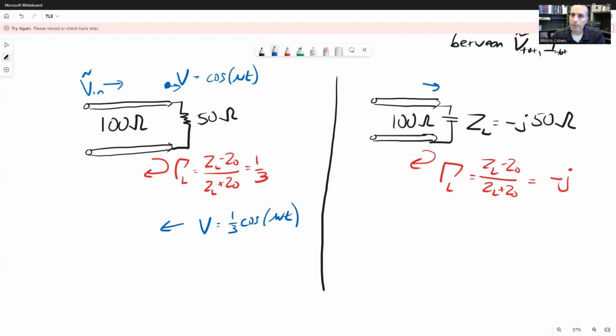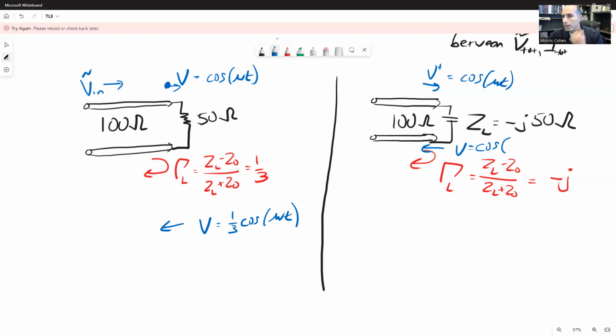If this is V positive, it's entering the load. If V positive is again that cosine of omega t, then the voltage right after it reflects from the load will be equal to, first of all, we're going to write down a cosine.